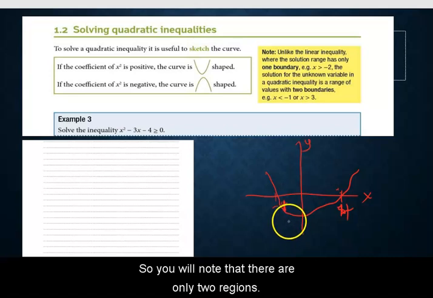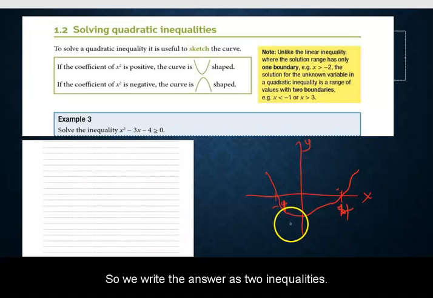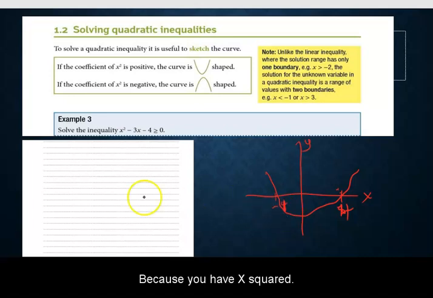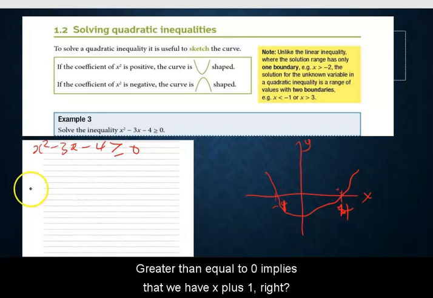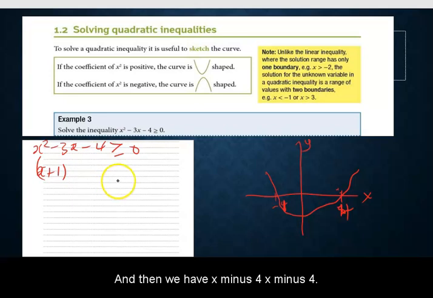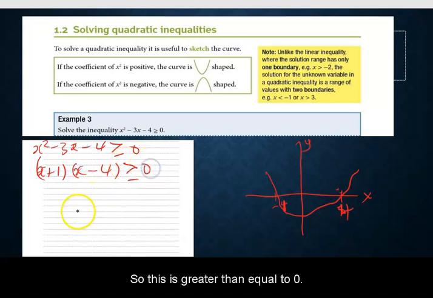So you will note that there are only 2 regions. We write the answer as 2 inequalities. Because we have x squared minus 3x minus 4 greater than or equal to 0, that implies we have x plus 1 and x minus 4, greater than or equal to 0.